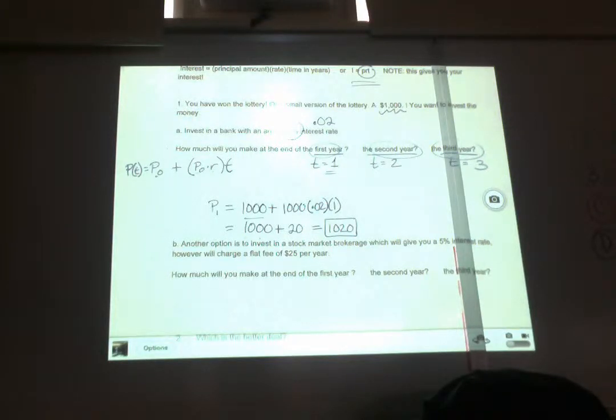You've got to figure out what's new after 2 years. How do you set up a formula? Set up right, looks good.